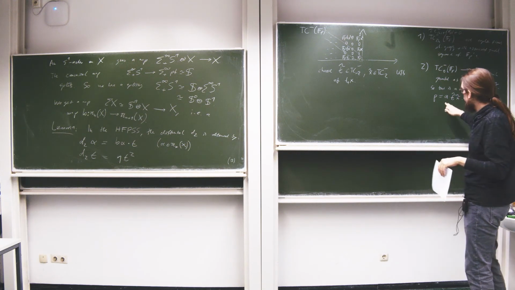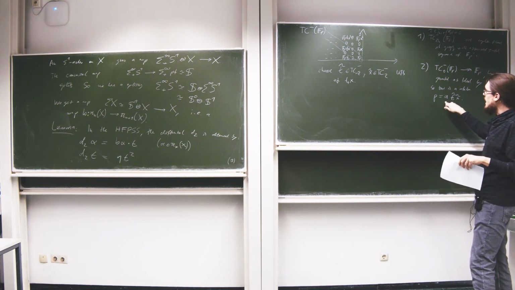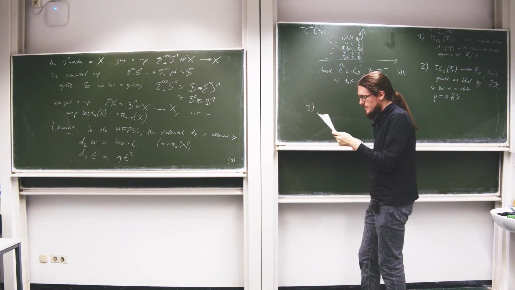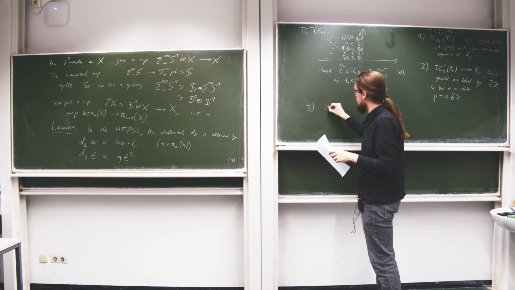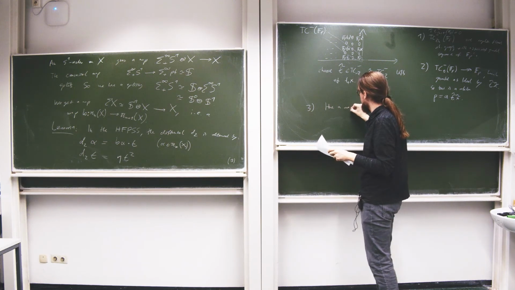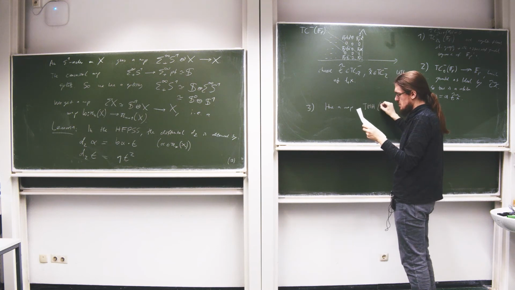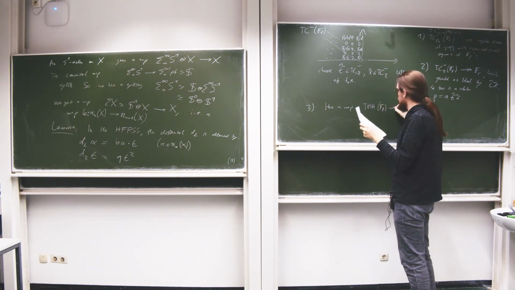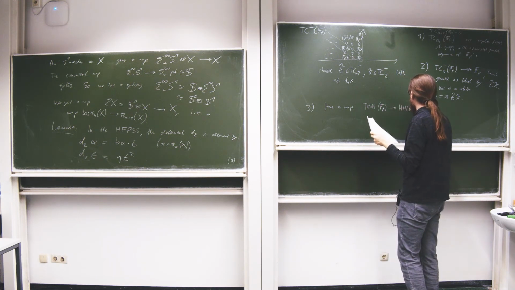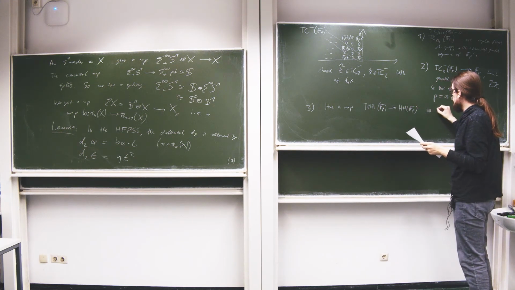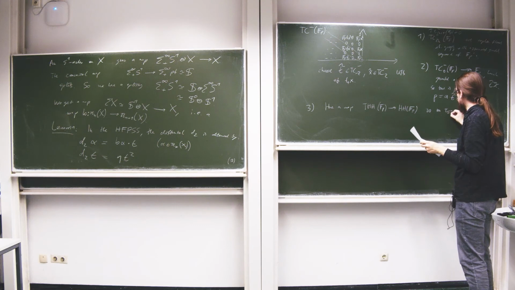And now the final ingredient to decide what this A is, let me put that here as point 3, is that we have a map from THH F_p to HH F_p, which is an iso on tau smaller or equal 2.